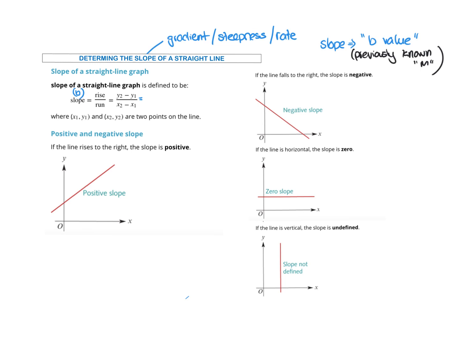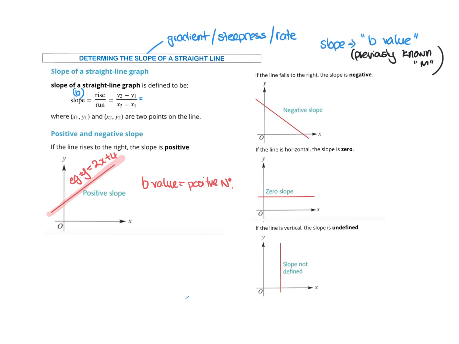But what we do need to know is that when we have a positive slope, when the line's going up, the B value will equal a positive number. For an example for this line, it could be y equals 2x plus 4.